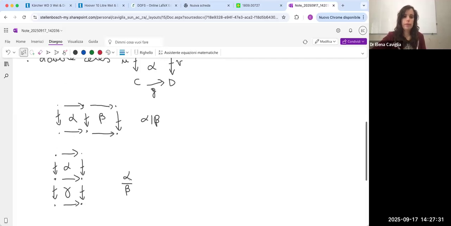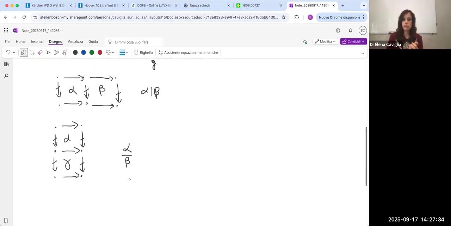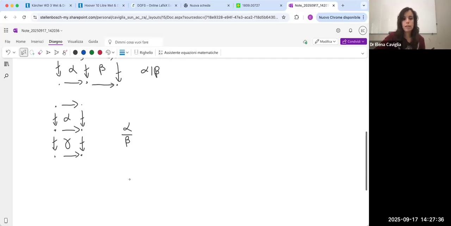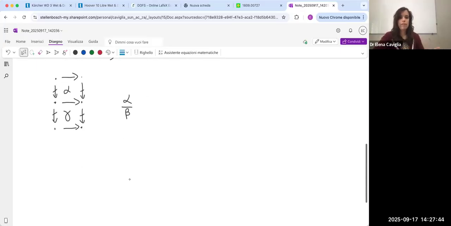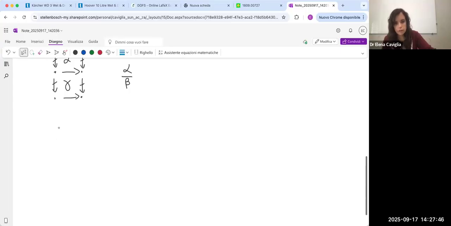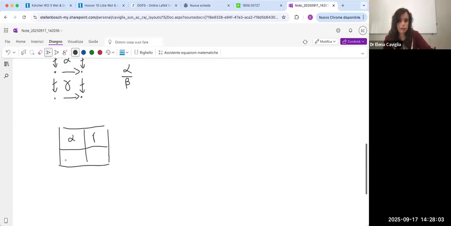And now we have these two different ways to compose double cells, but also in this case, like in the case of 2-categories, we have some interchange laws. So if now we have four double cells, imagine we have four double cells like this. We can represent double cells also in this more schematic way: alpha, beta, gamma, and delta.